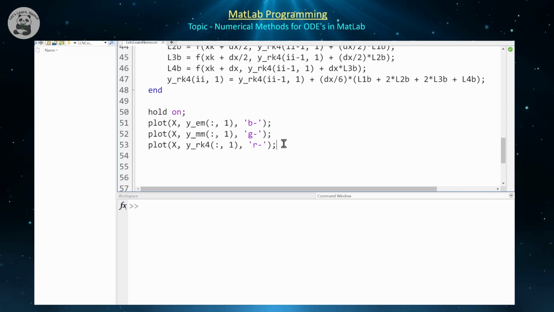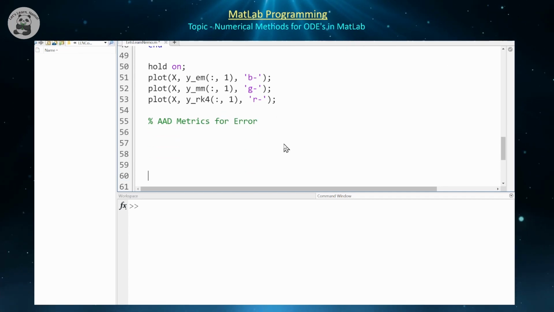The next thing I want to calculate is an error bound or an error metric, and probably the easiest one to do is an average absolute differences metric. So let's do some AAD metrics for the error calculation. What I want to do is calculate the error for EM, error for MM, and error for RK4. So error for EM is going to be equal to the sum of the sum.